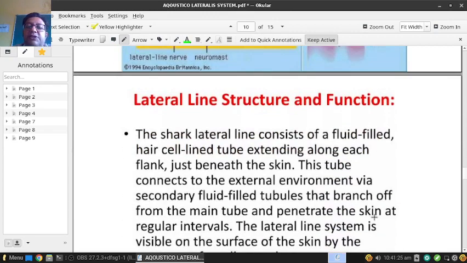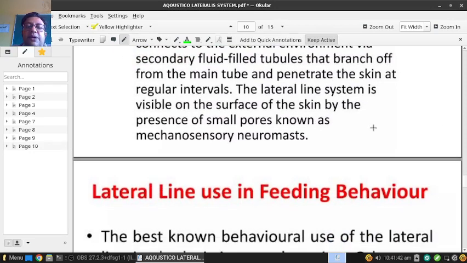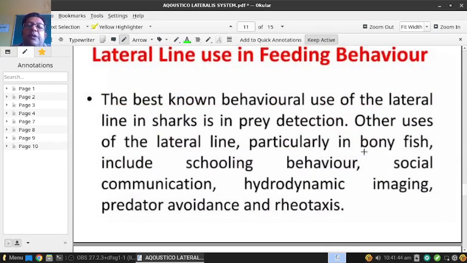So what is its structure and function? The shark lateral line consists of a fluid filled hair cell lined tube extending along each flank just beneath the skin, as you saw in that picture. It is for prey detection.